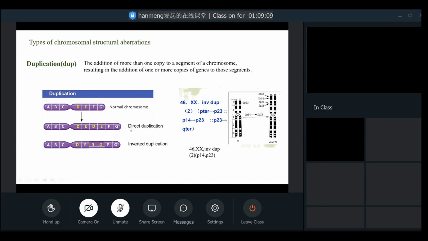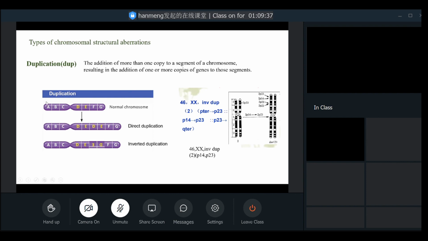And the duplication can include the direct duplication and the inverted duplication. It is because the direction of the copied gene may be the same as the original, or it may be opposite to the original.